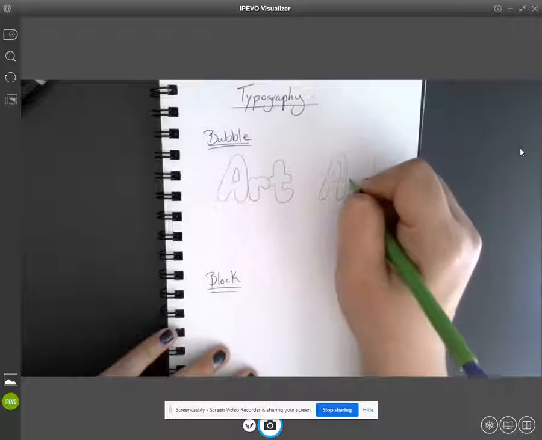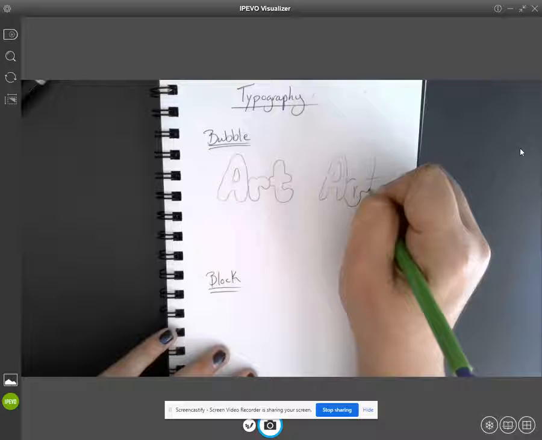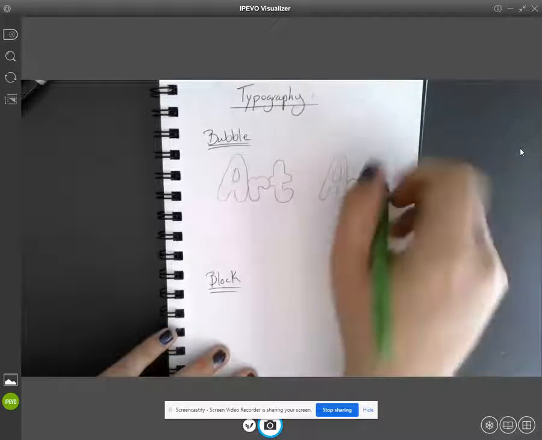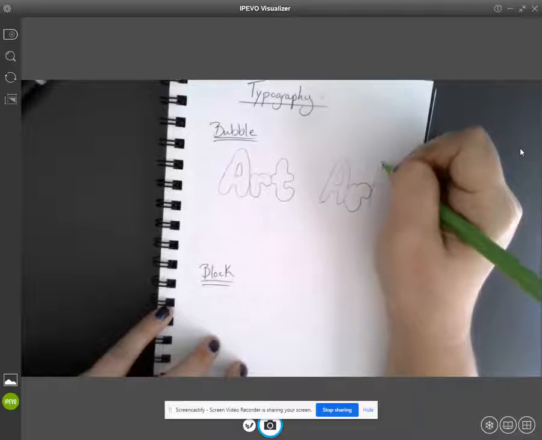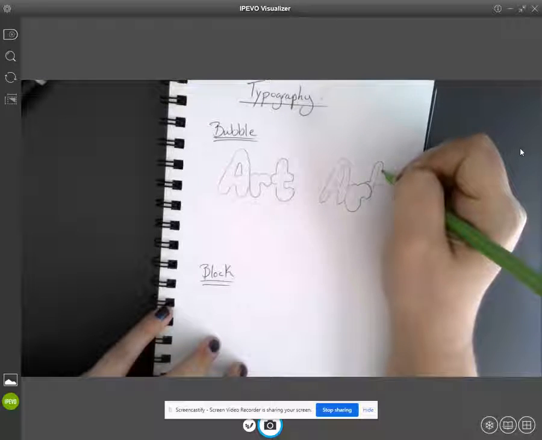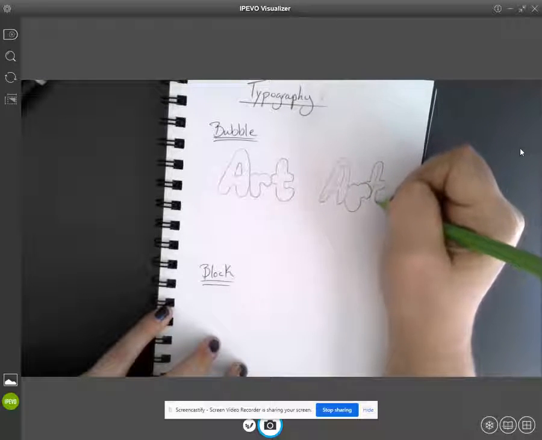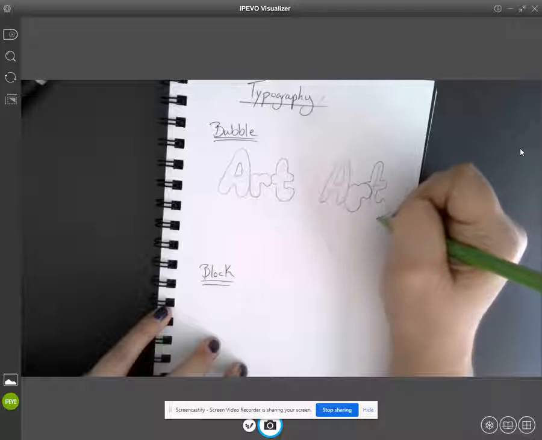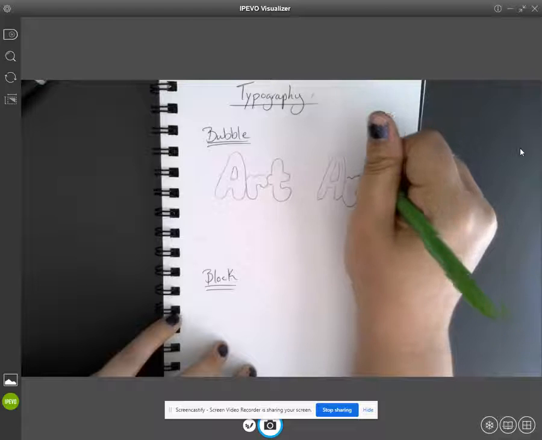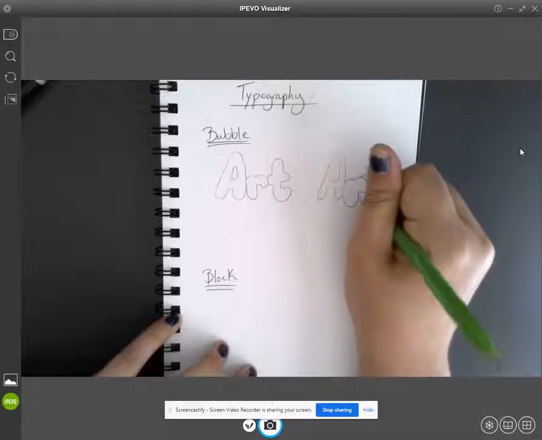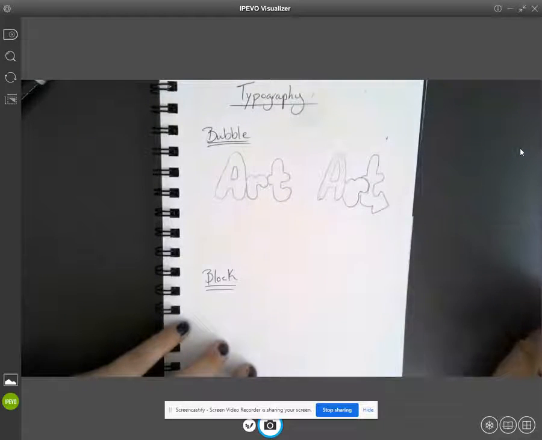Or I can exaggerate it and really make them big if I want to. You can also add embellishments and extra things to the end of them. Like a lot of times we'll see that they have arrows or something like that added to the end of it. As long as you erase the letter that you had inside, it looks right when you're done.